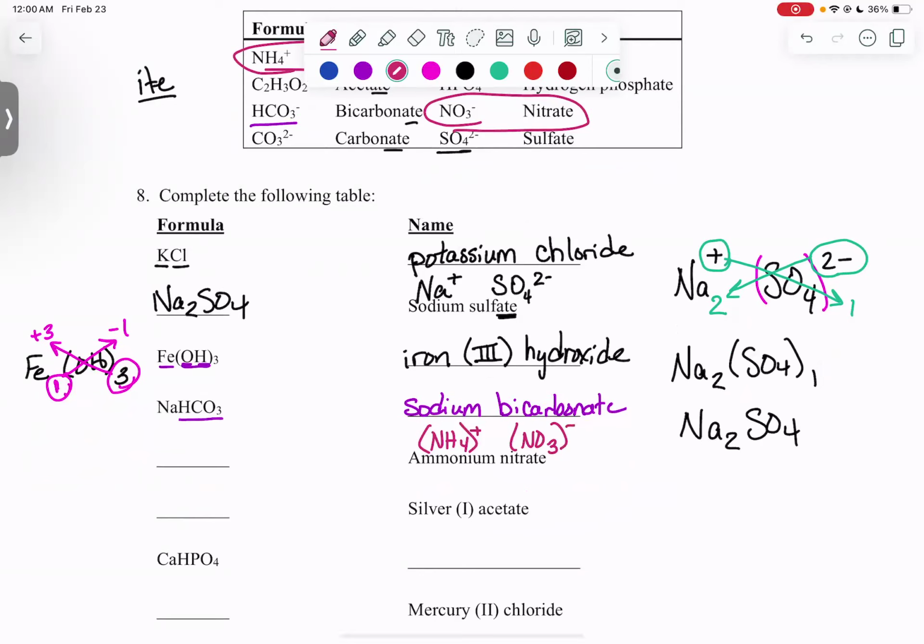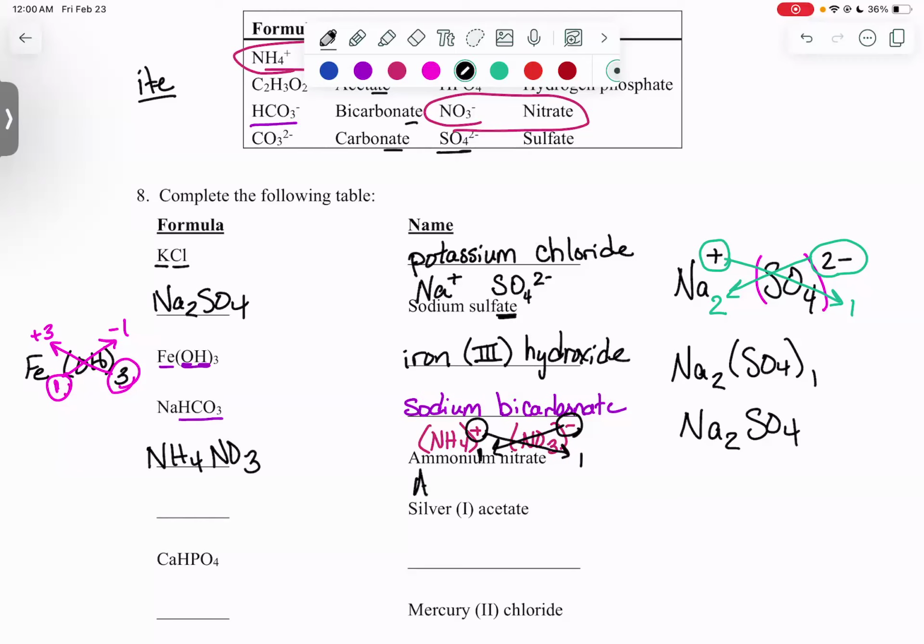I'm putting them on the outside of the parenthesis just so that you can see that that's what happens. So I do my reverse crossover and I put a 1 and I put a 1. Well, do I need the 1s? No, I don't need the 1s. So do I need the parentheses? No. So I can just rewrite this as NH4NO3. Pretty nice.